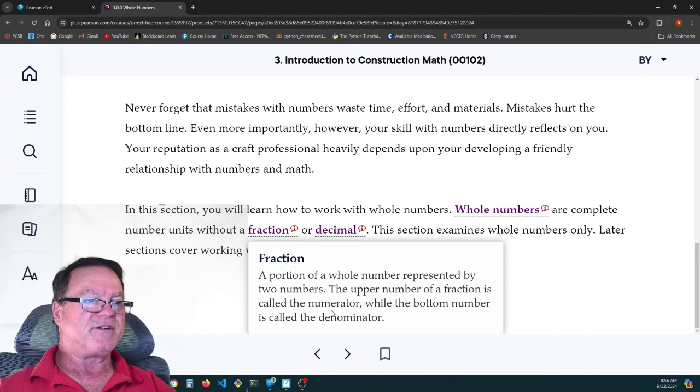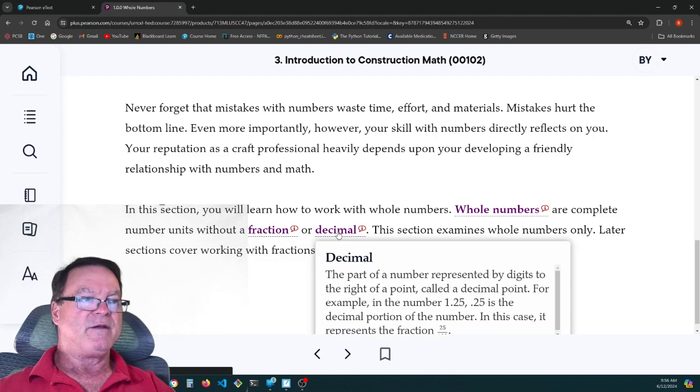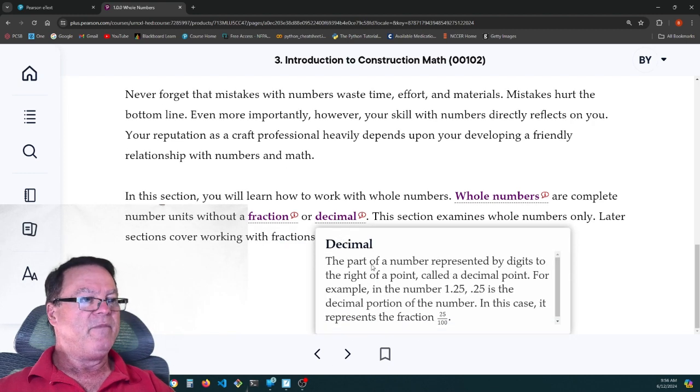The upper number of a fraction is called the numerator, while the bottom number is called the denominator. Decimals. The part of a number represented by digits to the right of a point called the decimal point. For example, in the number 1.25, 0.25 is the decimal portion of the number. In this case, it represents the fraction 25/100ths, or 1/4.